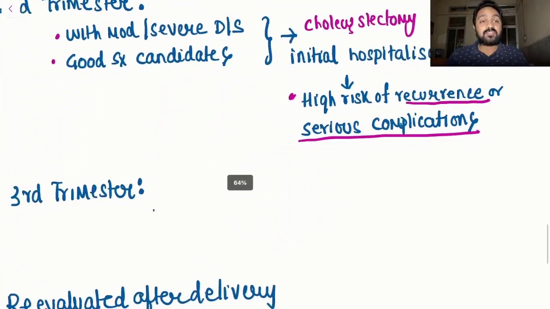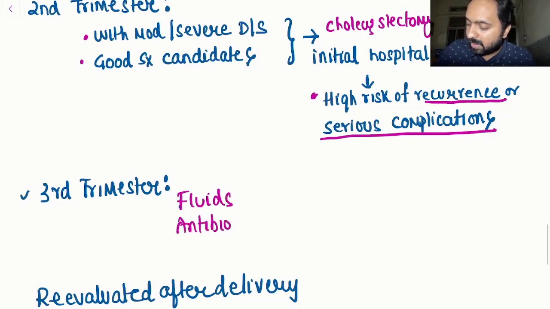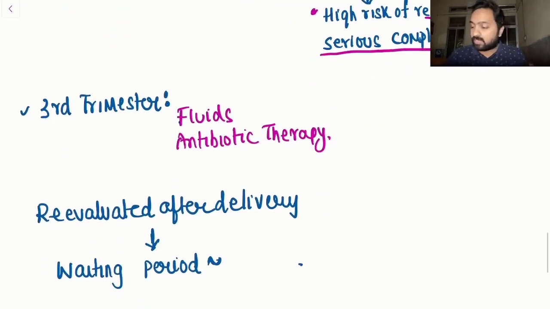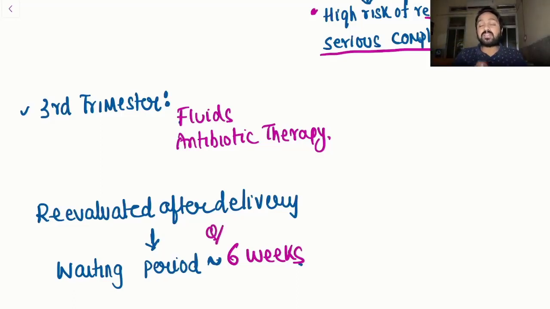In the third trimester, we give the patient fluids and antibiotic therapy. Such patients are generally re-evaluated after delivery. The waiting period is usually 6 weeks, which gives sufficient time for the mother to recover, and then the further treatment plan can be carried out.